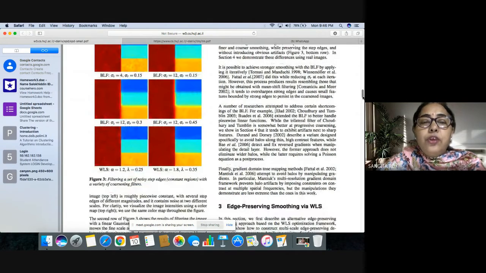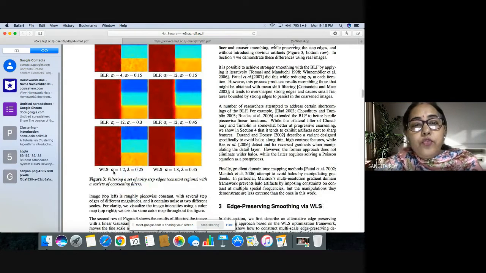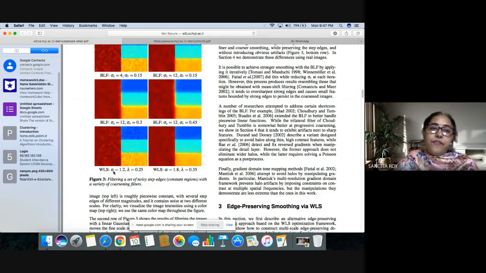But in the case of the weighted least squares filter, there are two parameters. One is gradient sensitive, and lambda is another sensitive parameter, that is the blurring effect.